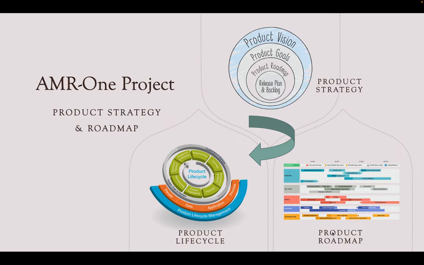So what is the product roadmap? The product strategy plans are then brought to life on the roadmap. The product roadmap is a plan of action for how a product or solution will evolve over time. This is just an example: time and functionalities and how they will evolve over time.